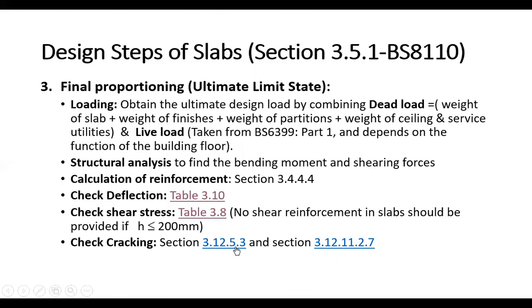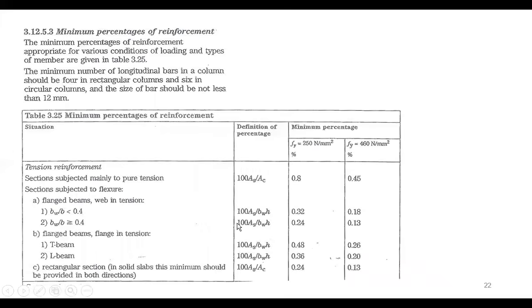So you have section 3.12.5.3. It gives you the minimum percentage of reinforcement. So your reinforcement ratio should be greater or equal to the minimum reinforcement ratio. So this table 3.25, it will give you the minimum area of steel reinforcement for different cases. We are going to use this for beams, for slabs, but for slabs here, rectangular, number C, rectangular sections in solid slabs, this minimum should be equal to this value.